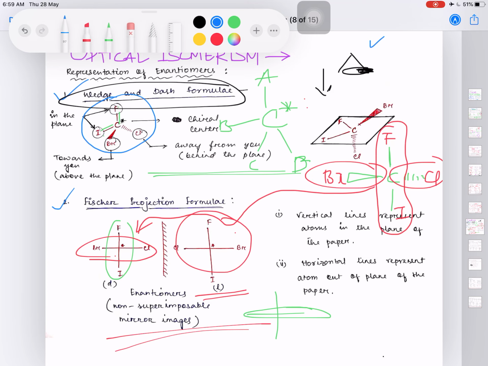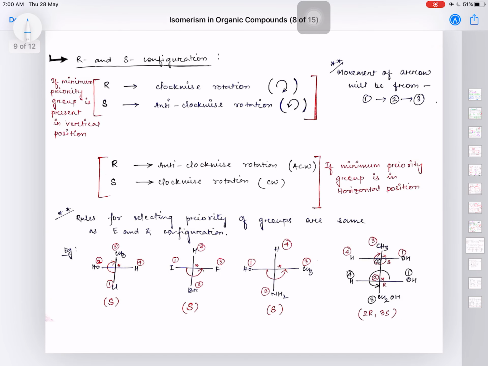Now let us move on to the next part. Next is your RS configuration. RS configuration is very important, because for enantiomers we just did cis-trans, EZ, syn-anti. But for enantiomers, if you draw Fischer projection formula or wedge and dash formula, then we cannot assign EZ nomenclature, because EZ, cis-trans are for double bonded carbons, geometrical isomers where you have double bonded carbons.